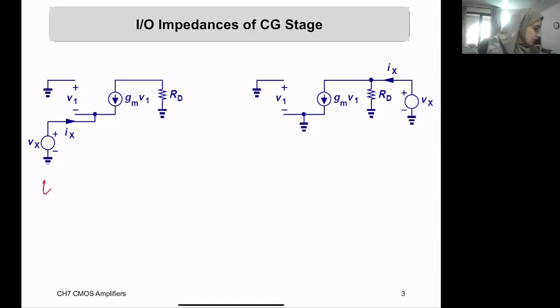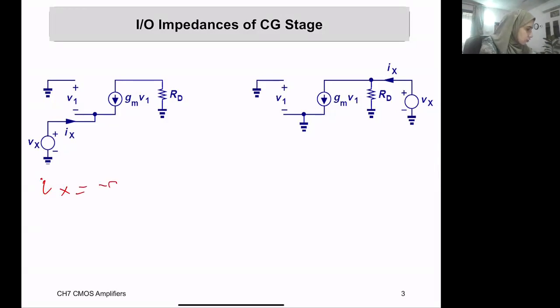Now Ix here, you can see how Ix is related to gm V1. There are two currents going in the same branch, and both of them are in opposite direction, but they will have equal value. So Ix equals minus gm times V1. And how is V1 related to Vx?